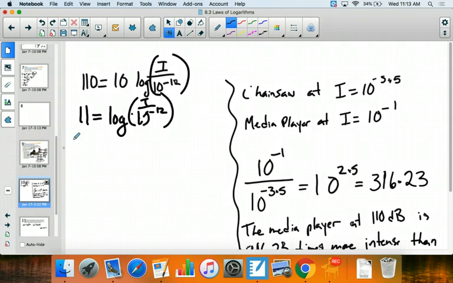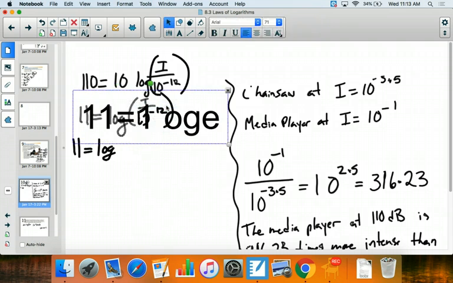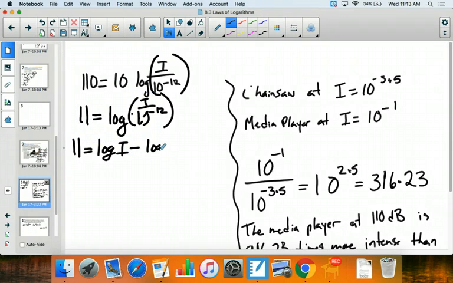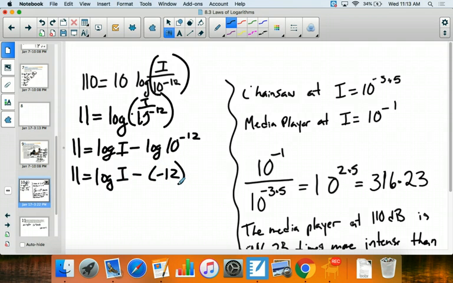Same thing again, split up that logarithm, which is equal to log I minus log of 10 to the minus 12, which once again we've already identified as negative 12. So subtract 12 from both sides. That's now negative 1 is equal to log I. So the argument I is equal to 10 to the minus 1.